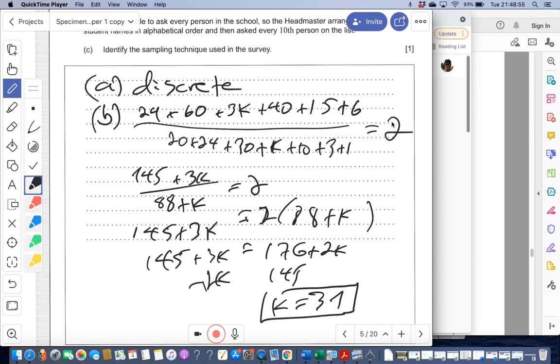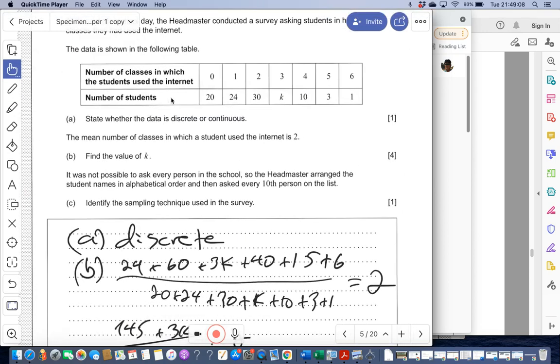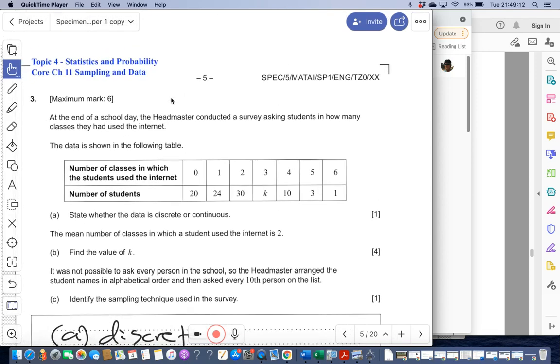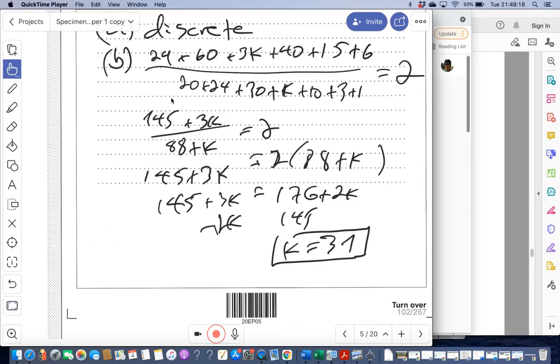Okay. Then the final question is identify the sampling technique used in this survey. Again, you're going to have to study up on the sampling types and errors that are in Chapter 11. This is in Chapter 11B that has the sampling methods.